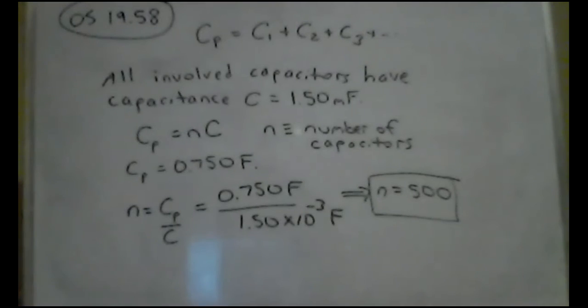So if I connect 500 of these 1.50 millifarad capacitors together, I can create a capacitor bank that's equivalent to 0.750 farads.